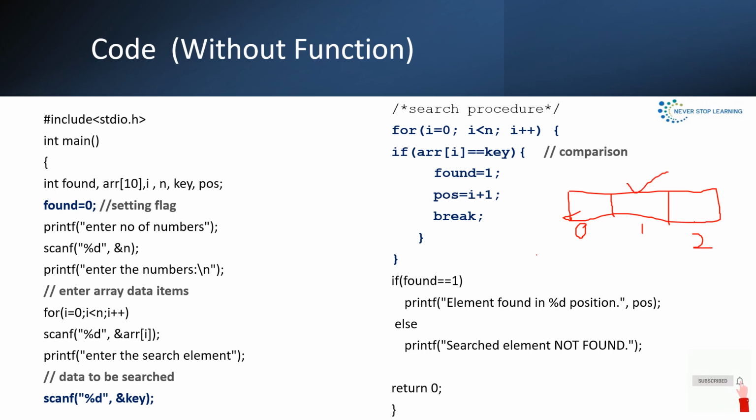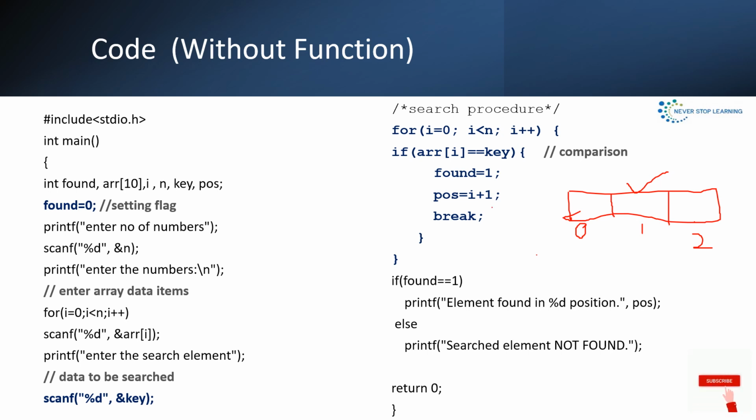Now in that case, my found will become 1 when the arr index is 1. Fine, but actually it is the second element when we usually talk. So that's why we are doing i plus 1. Here the i value is 1, and 1 plus 1 means we will say it is present at the second number, 1 and 2. That's why we are doing position equals i plus 1.